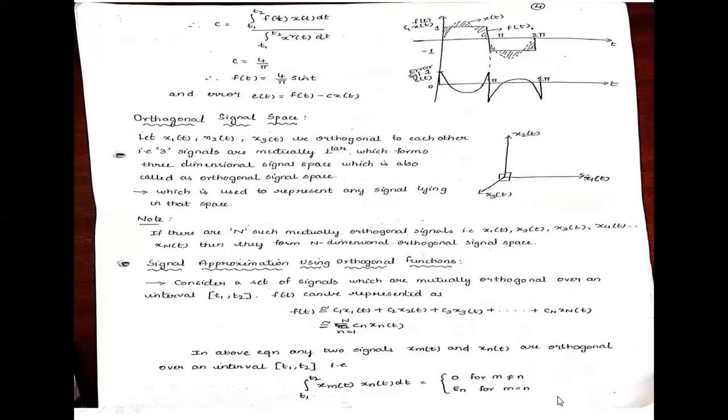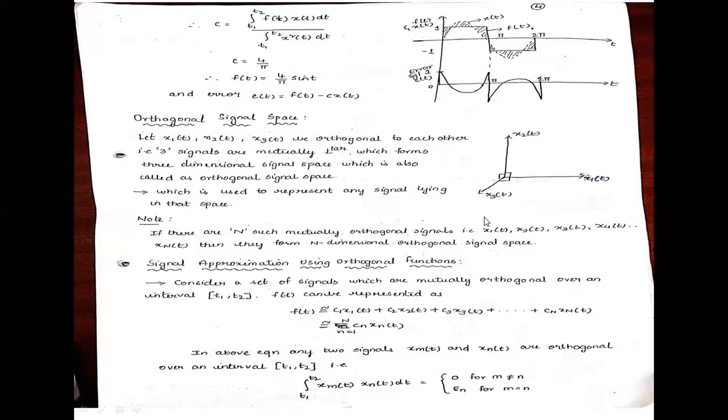Here n I am taking as a variable. So the integral from t1 to t2 of xm of t xn of t dt is equal to 0 for m and n not equal, and is equal to En when m and n are equal.